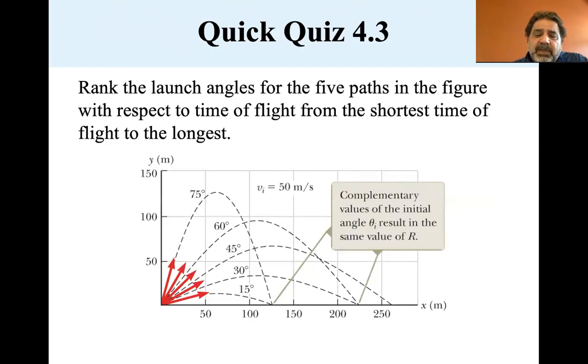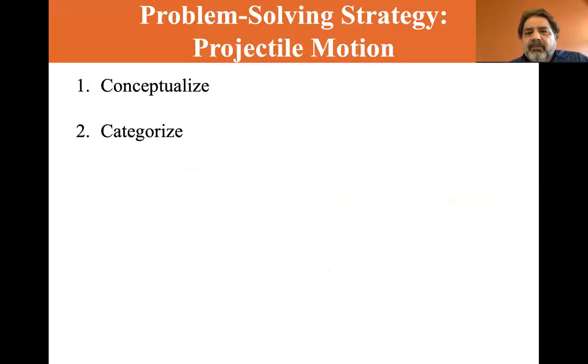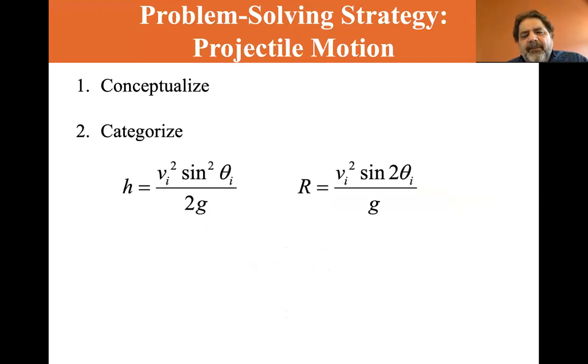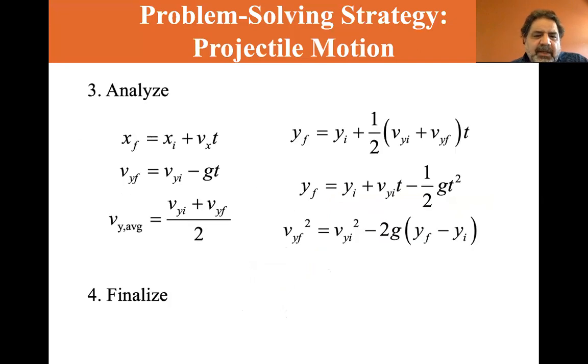So it should just be a ranking from the lowest degrees to the highest degrees. And it is 15 degrees, 30 degrees, 45 degrees, 60 degrees, and 75 degrees. And problem solving strategy: conceptualize the problem, categorize it as one where you can use the maximum height and the range, analyze it using the equations of motion given here, and finalize it.